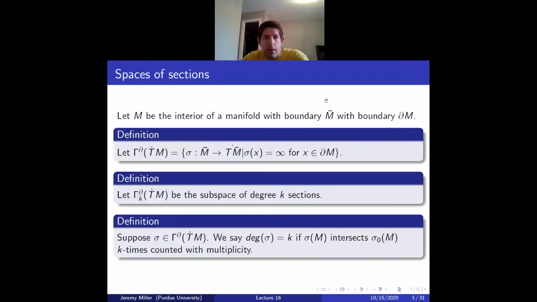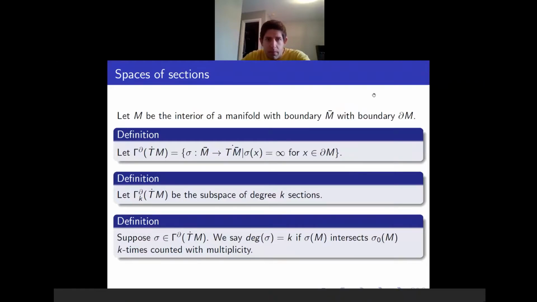Okay, so we'll let M be the interior of a manifold with boundary M bar, with boundary ∂M, and we'll define the space of sections relative to the boundary to be the space of sections of this bundle.